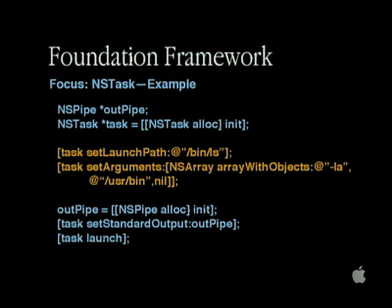And after this, we tell it what arguments we want to pass to this task, and those arguments are contained in an NSArray. Here we're passing just a couple of flags to ls, as well as the directory we want to list. Finally, we allocate and init a new NSPipe object and set it to be the standard output of the task so that we can get the results, and then we launch the task.